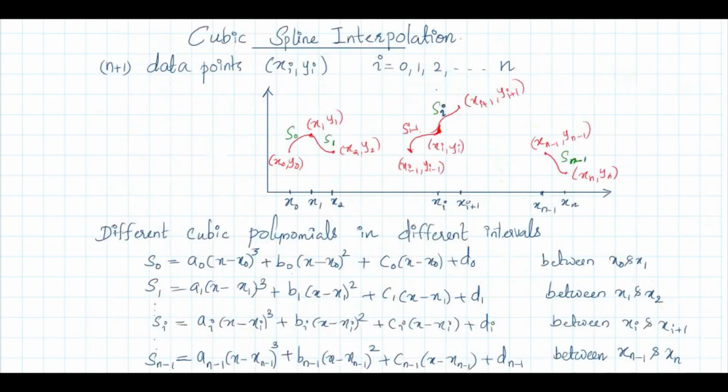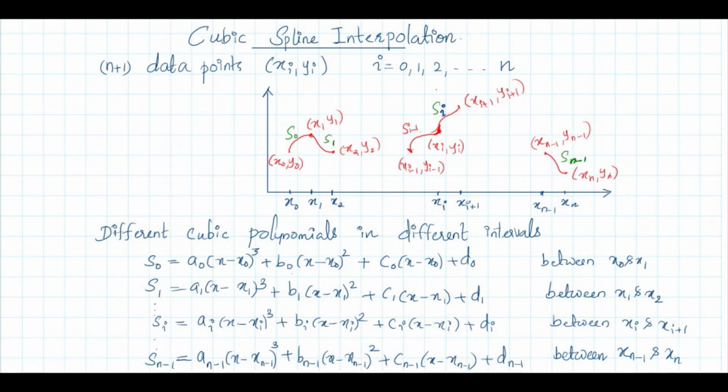They are the second derivatives at each of these points. m0 is the second derivative of s0 at the starting point. m1 is the second derivative of s0 at the ending point, and it is the same as the second derivative of s1 at the starting point. Both are the same because they are continuous. Similarly, mn is the second derivative of s_{n-1} at xn.